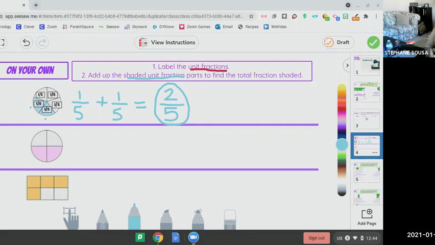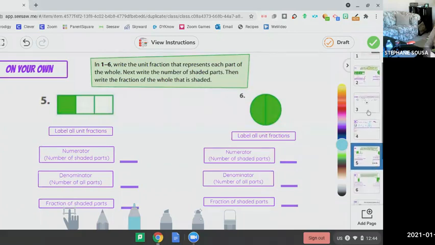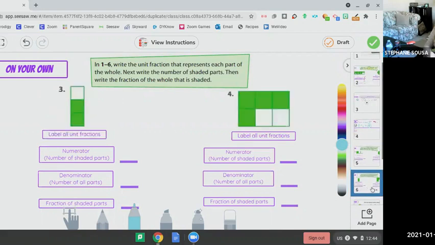All right, you are going to, on your own, complete the rest of slide 4. Levin, I'll come back to slide 4 in a moment. You are also going to complete slide 5, which is the exact same as slide 2. You are going to complete slide 6, which is the exact same as slide 2.